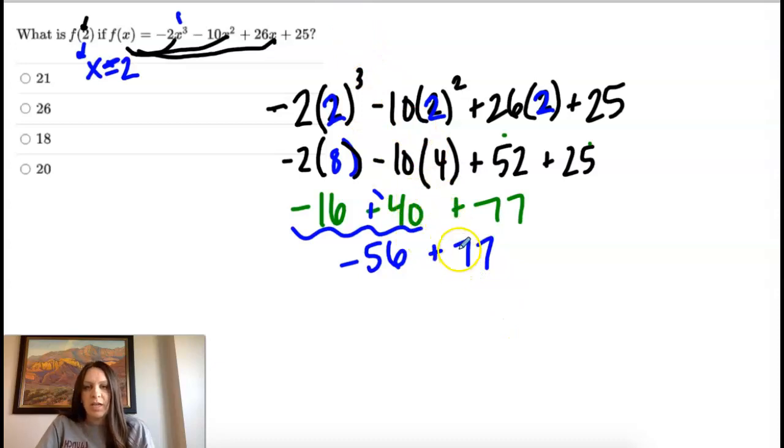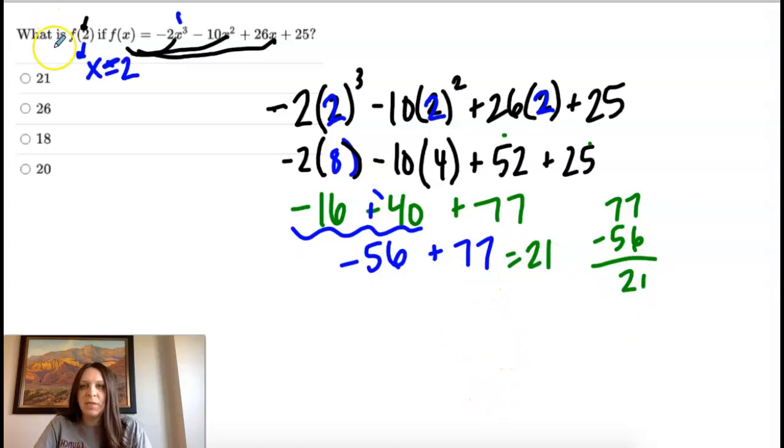So remember, same sign, add, different sign, subtract. So I'm going to take 77 minus 56, and we get 21. So that is our answer. We're just getting it down to one number, and that number is our output value.